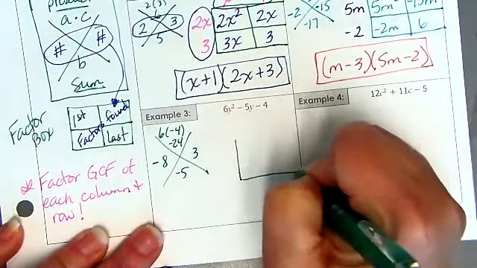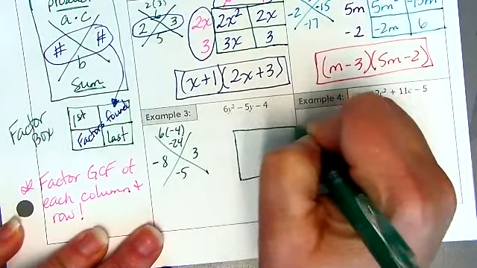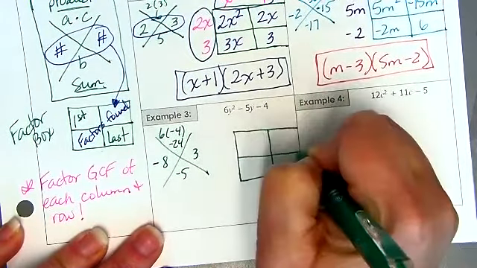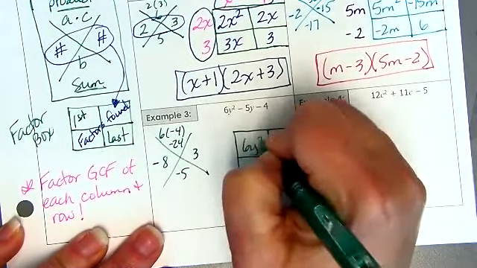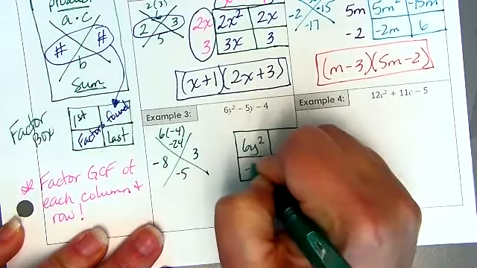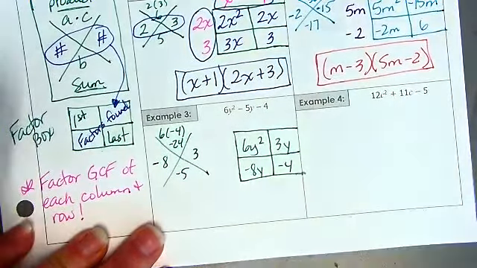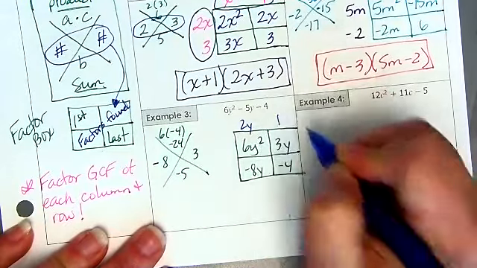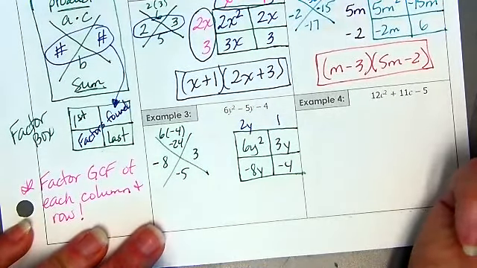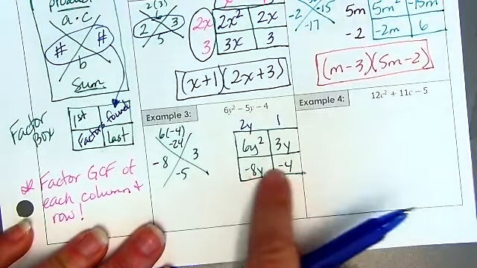Now I do the factor box. So I have 6y squared, -4. So I have -8y, 3y, and now we factor. So I have 2y. That's just going to be a 1. We'll make it a +1 because if I look down here, those are both negative.